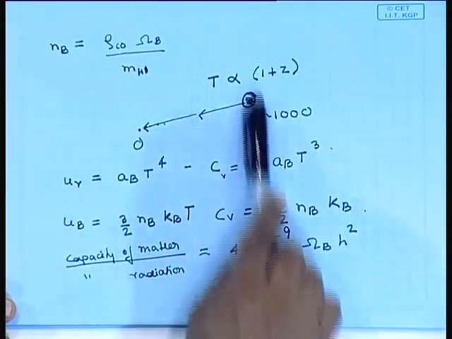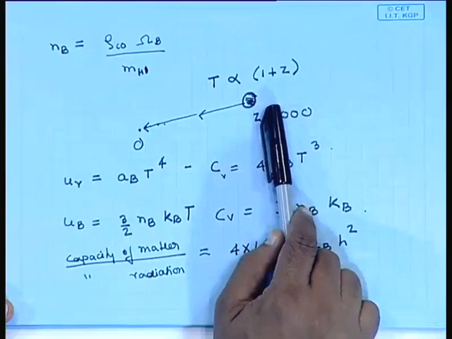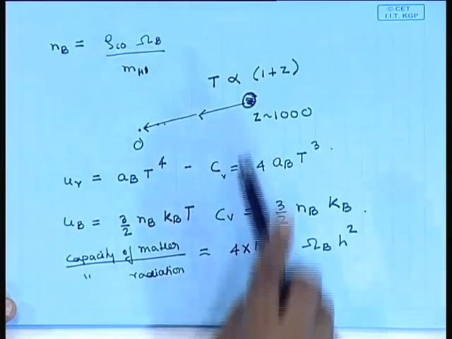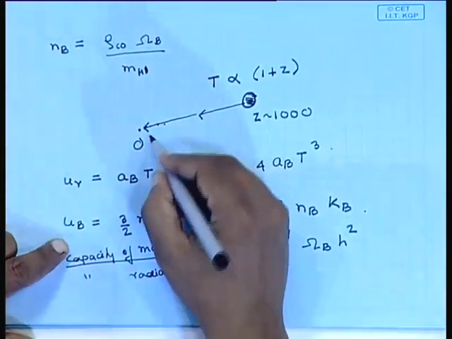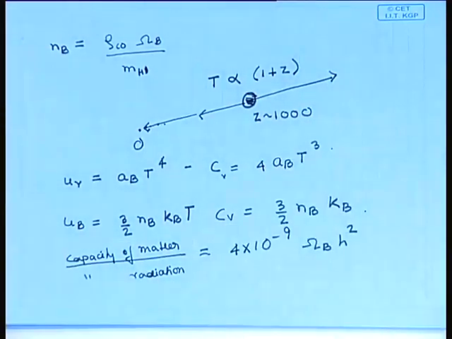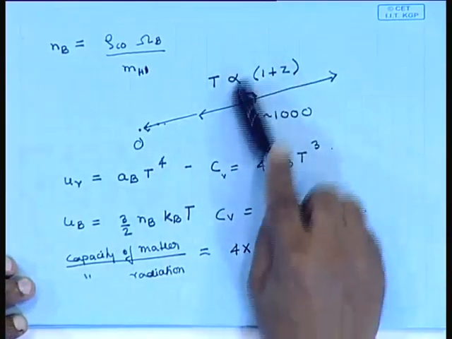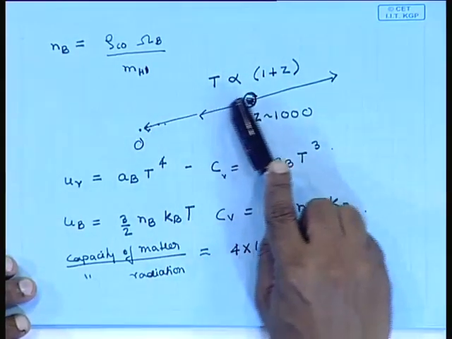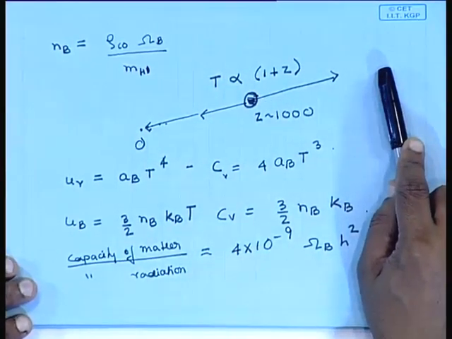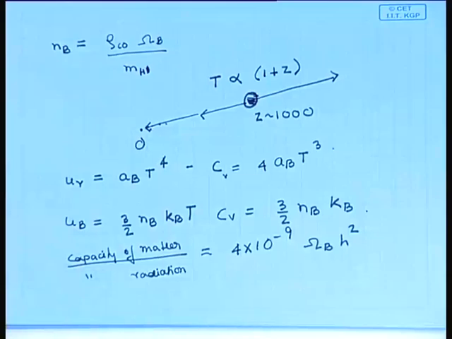The exchange of energy in the interaction with the matter is extremely small, so we can just think of it as if it were moving freely. The effect of the interaction on the radiation is extremely small. So even when it interacts, you can just take the same temperature and scale it as 1 plus z, even to higher redshifts than that, because it does not lose much of the energy.